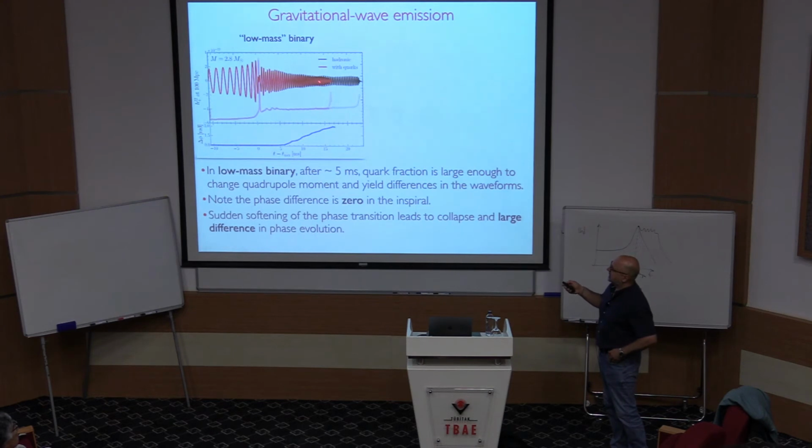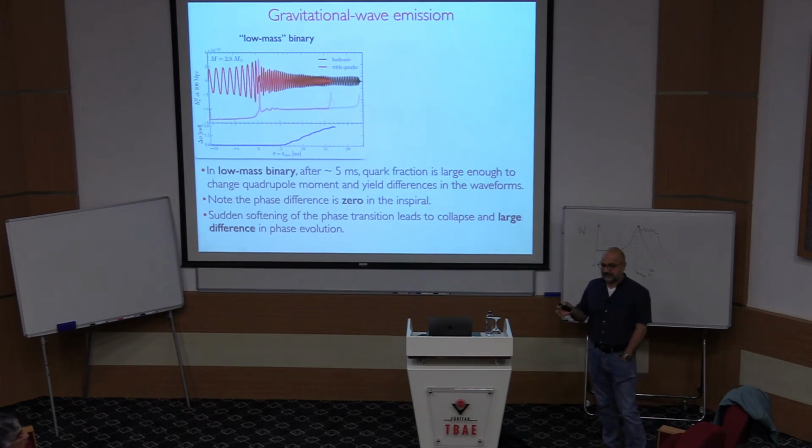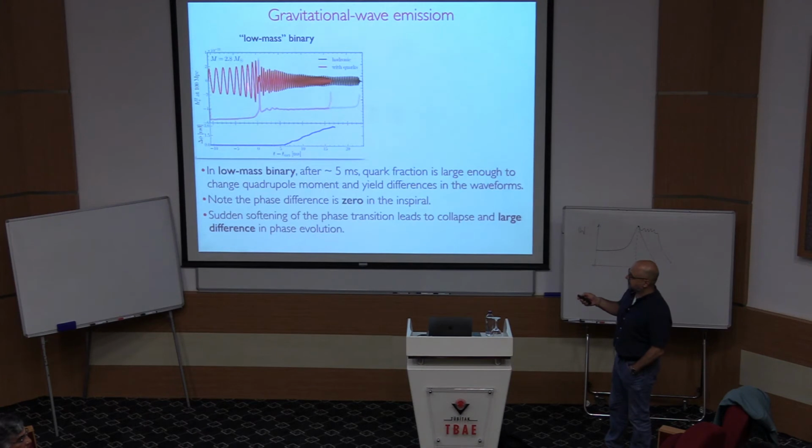You can also see that when the phase transition is very strong, all of a sudden there is a collapse to a black hole. While in the absence of quarks, the black hole collapse would happen later on. So this is a way you could tell, in principle, that there was a phase transition. You look at the inspiral, and you're convinced that this is a perfectly hadronic equation of state.